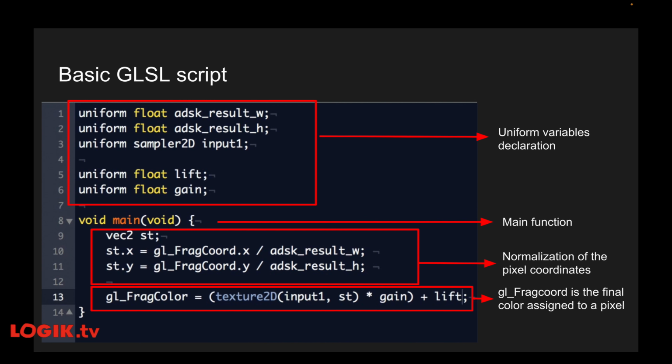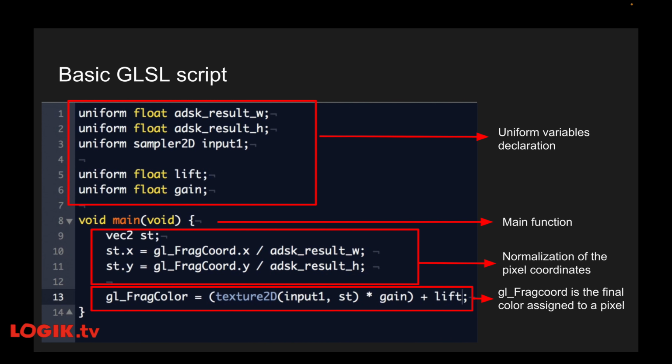Lastly, you're going to read a variable that reads gl_FragColor at the end of the code. And you're typically going to find it there because that is where the final pixel color is going to be assigned. So basically that's our result. And in that result operation, you're going to see a texture2D, which has a sampler2D and the ST that we declared for the normalized coordinates.